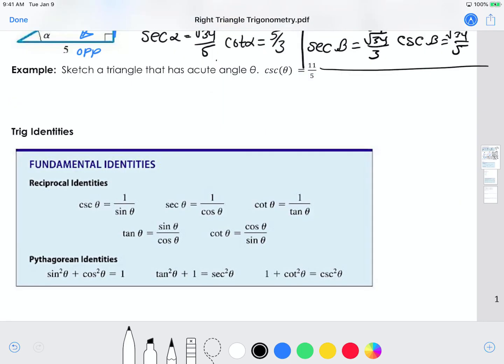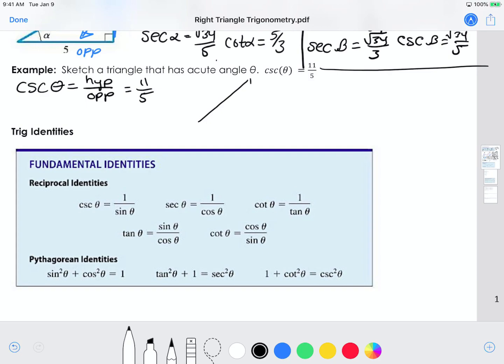In this example, it says sketch a triangle that has an acute angle theta, where theta is defined by using the cosecant ratio. It says cosecant of theta is equal to 11/5. Now, since cosecant of theta is defined as the hypotenuse over the opposite, then I know the hypotenuse needs to be 11 and the opposite side of theta needs to be 5.